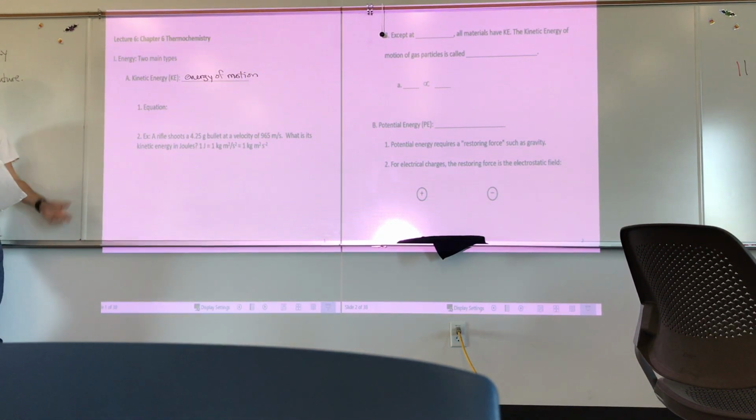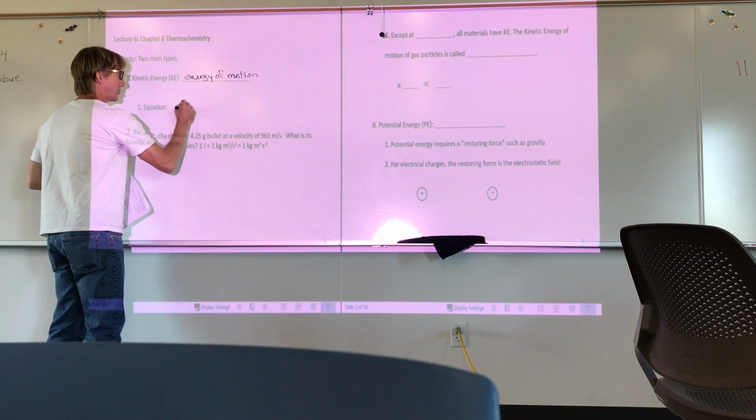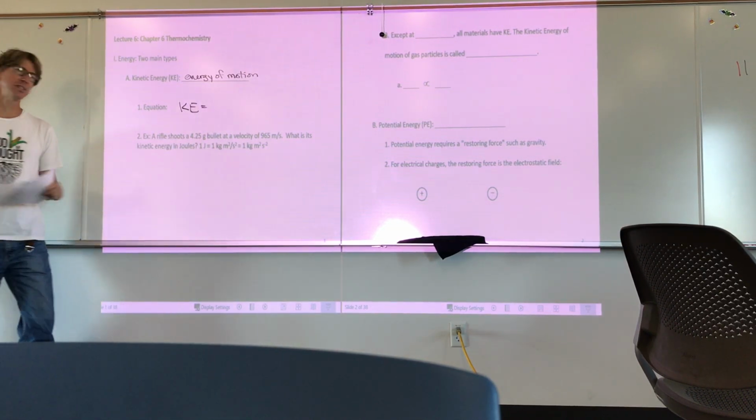And as far as that goes, things have to be moving to have kinetic energy. Gases, of course, moving very fast. Gases have a lot of energy and a lot of kinetic energy as well. The equation that we've talked about already, kinetic energy, KE equals 1/2 mv squared.